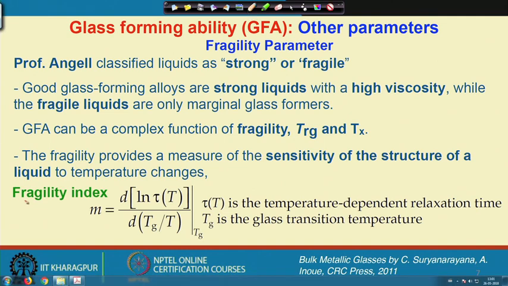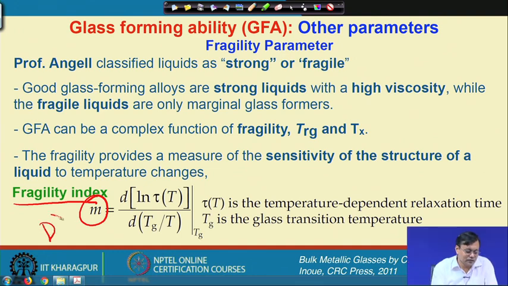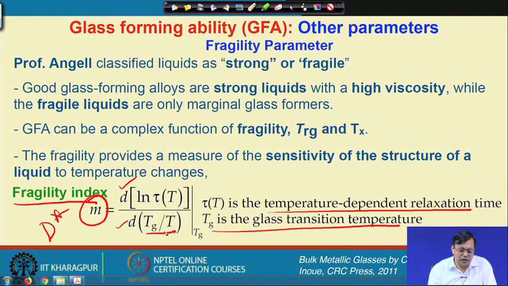Here in this case, Professor Angell introduced a fragility index parameter, which is very similar to D star. He said that the change of the temperature-dependent relaxation time, which can be measured directly using a differential scanning calorimeter, and the glass transition temperature with change in temperature could be classified and measured as a fragility index.